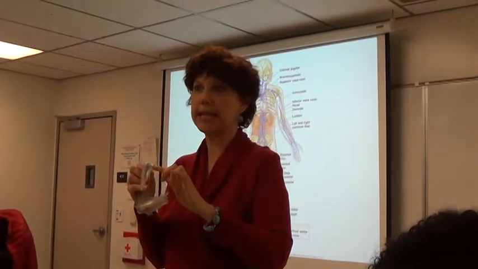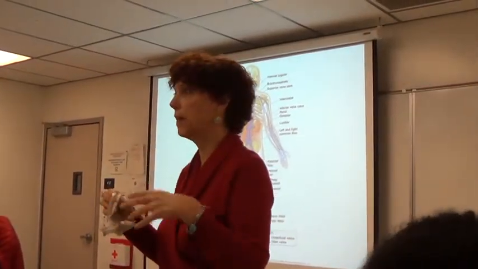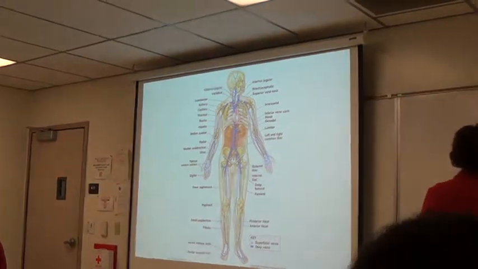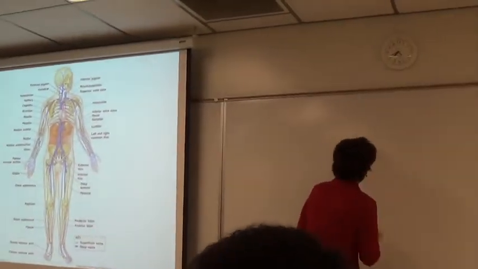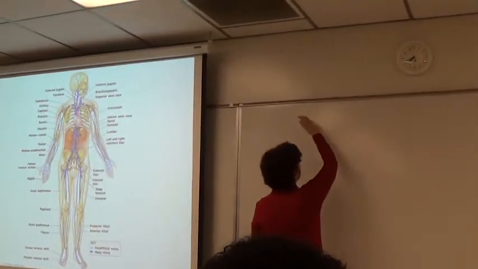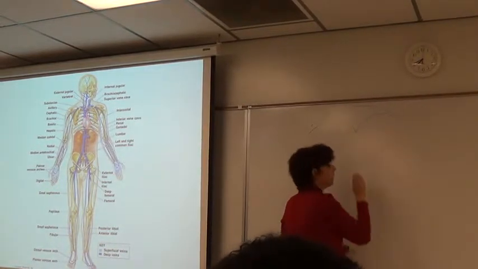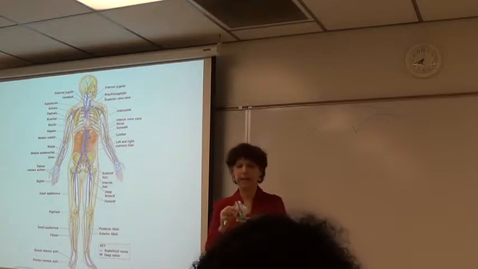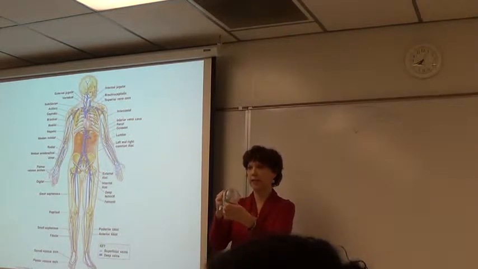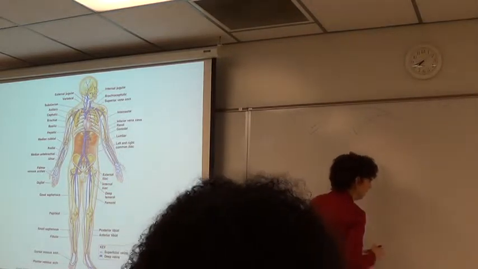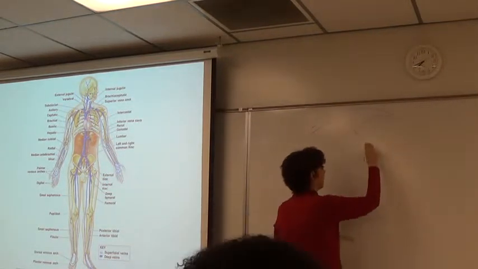Draining into that space from the subarachnoid through arachnoid granulations, we have the CSF. So we have at the top of the brain this split in the dura mater. So that would be this channel that I'm illustrating right here. And from the pia mater, we have the pia mater on the surface of the brain.